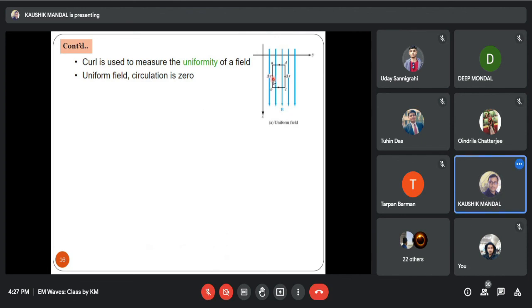For example, if you consider a uniform field like that one, and consider the curl of the corresponding vector over a closed path, that is A to B, B to C, C to D, and D to A, it will be 0. But that is not true in case of a non-uniform field like the azimuthal distribution. So curl is used to measure the uniformity of a field. If the field is uniform, then the circulation will be 0.